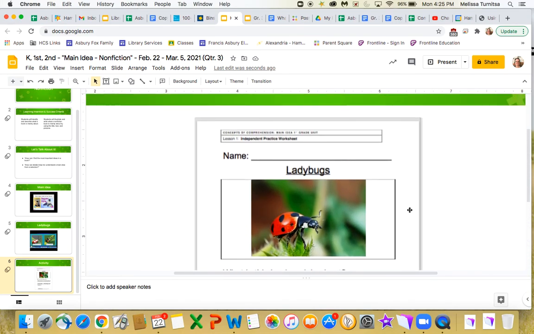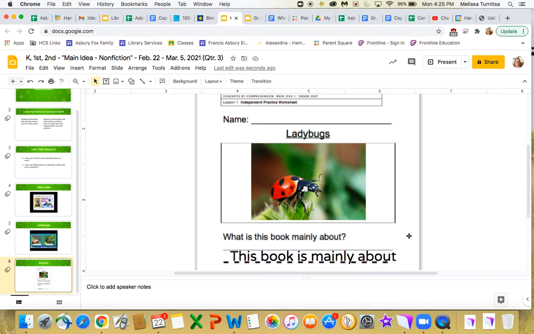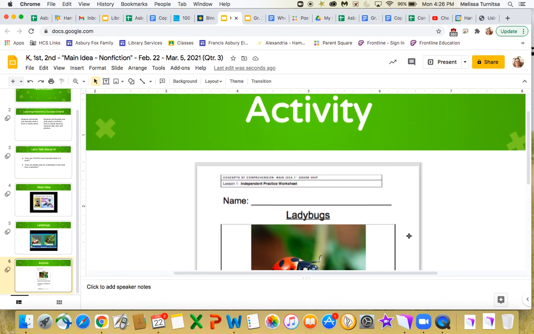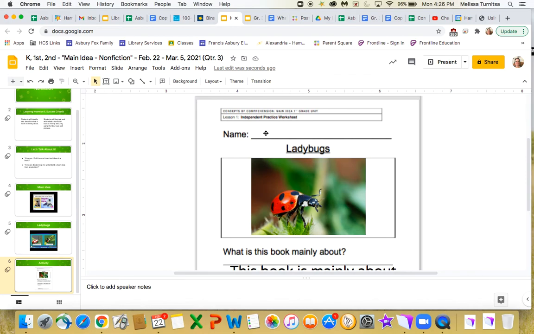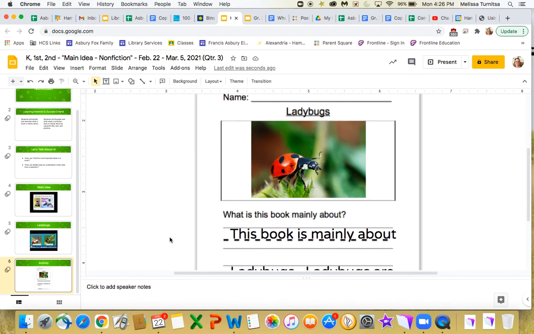And then, I used a picture from the web, but I would like for you to draw your own picture of a ladybug. Okay, I would love to see your art skills. I know you guys are great at drawing. And make sure your name is at the top, whether it's your own piece of paper or this worksheet that you're printing out. And if you could share it with me, I would love that because I love to see your guys' work.